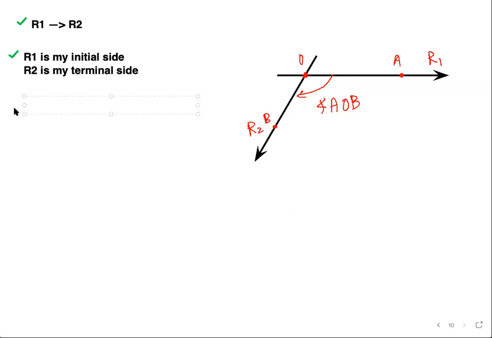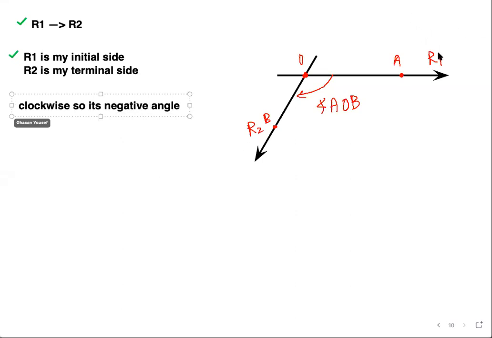Is it positive or negative? Correct, it's negative. So it's clockwise, and so it is a negative angle. Because it's clockwise, the angle here should be negative.